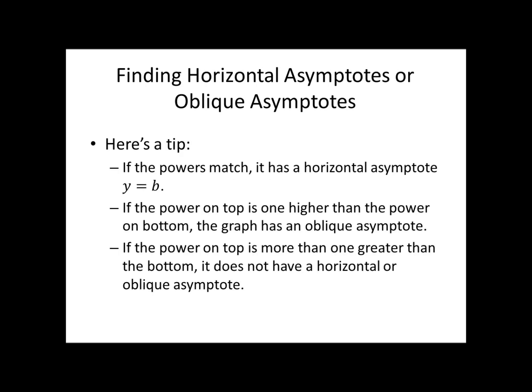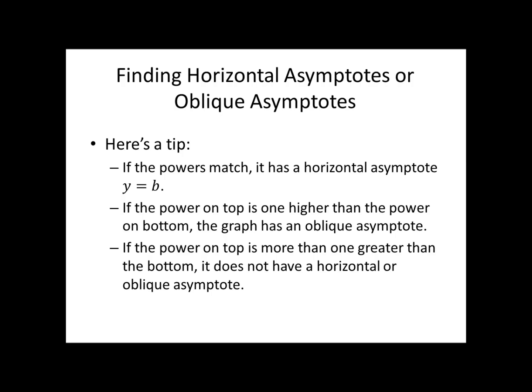So here's a tip before we get started. If the powers match, now I'm talking powers top and bottom, it has a horizontal asymptote at some line y equals b. If the power on top is 1 higher than the power on bottom, then the graph has an oblique asymptote.